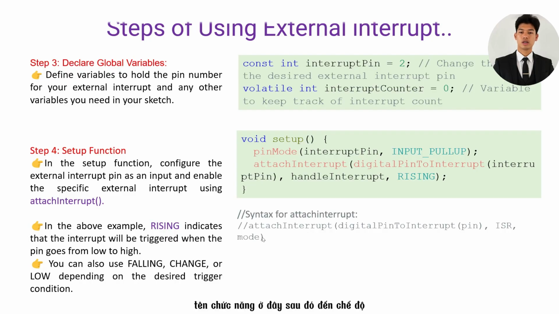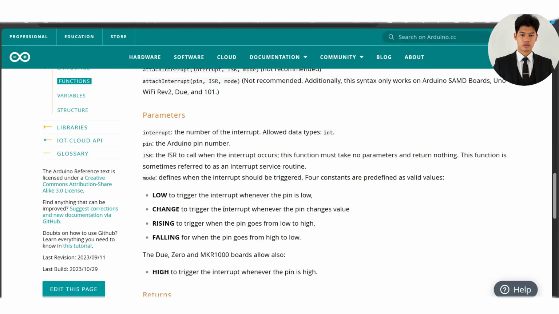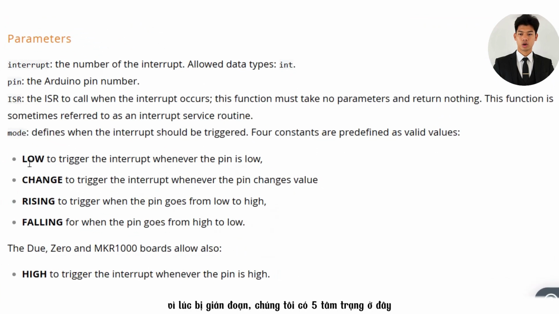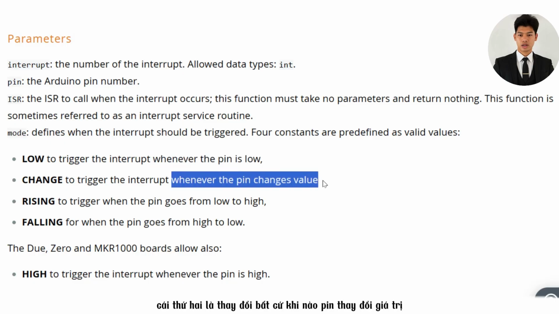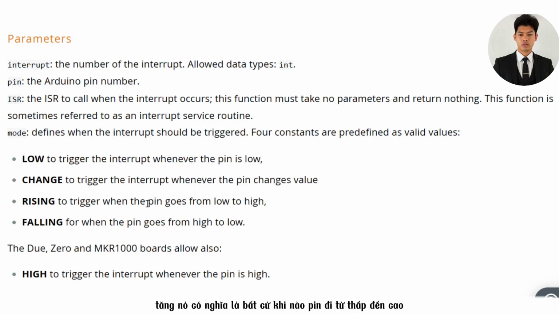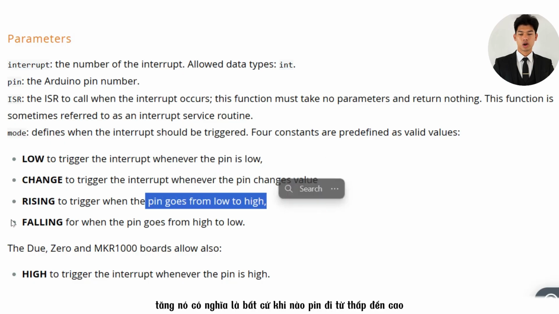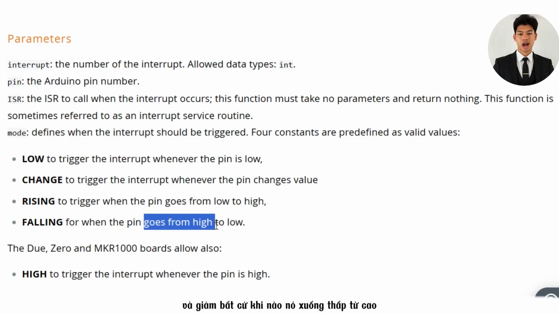Then comes the mode. For attachInterrupt, we have 5 modes here. The first one is LOW, which means whenever the pin is low, it will trigger the interrupt. The second one is CHANGE, whenever the pin changes value. RISING means whenever the pin goes from low to high, and FALLING whenever it goes from high to low.